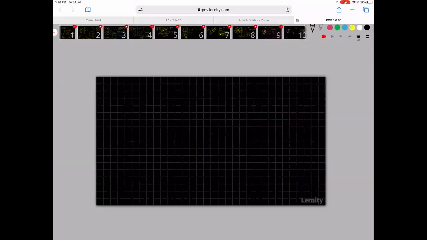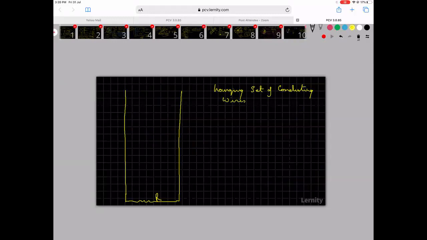If you understood this, then here is a question. This is a hanging set of wires with a magnetic field like this.